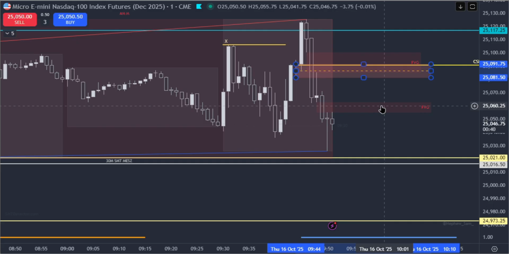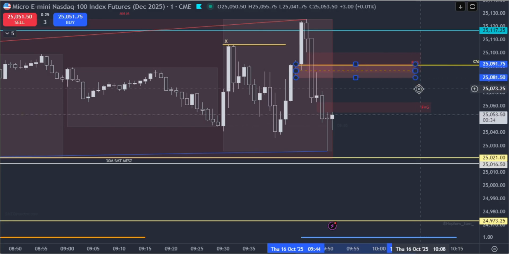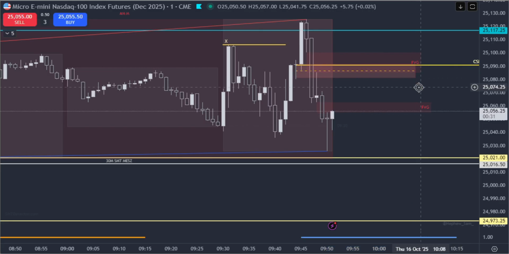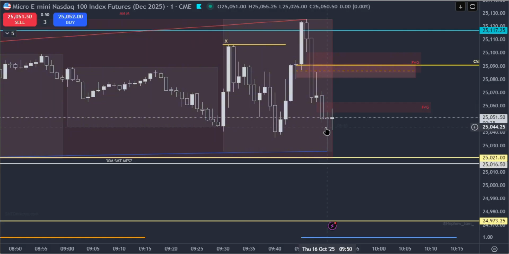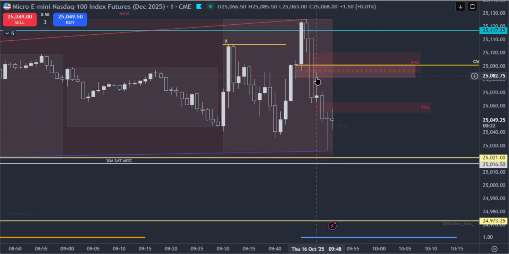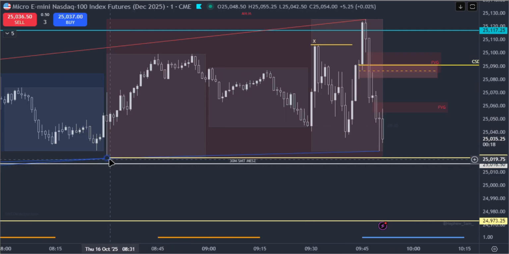It doesn't need to be a breaker. It doesn't need to be an inverse fair value gap or an order block. You just need to identify when we go into a buy program or a sell program. Right here we identified it was going into a sell program when the algo is in a rush to go to the other end of the liquidity.